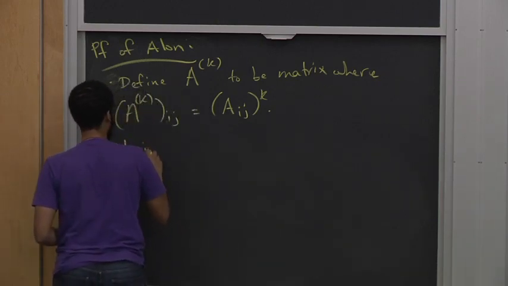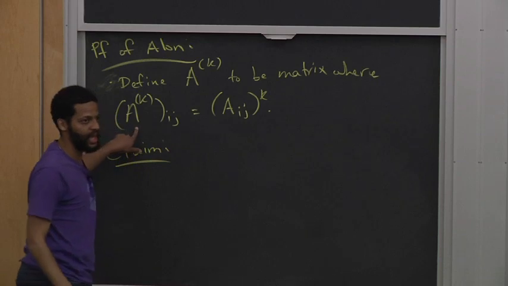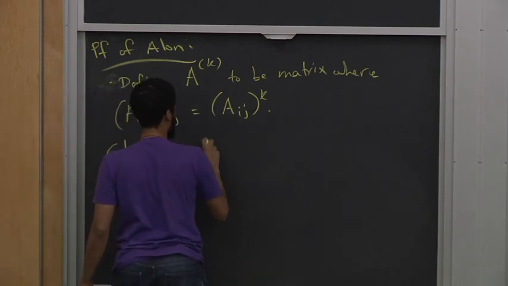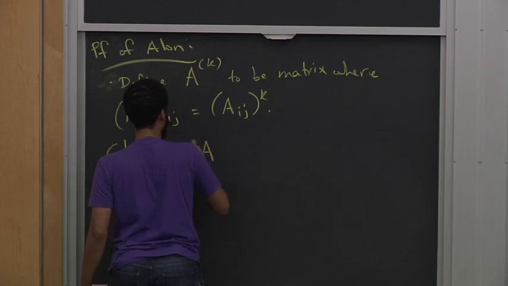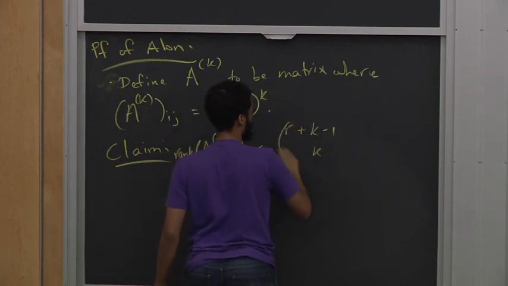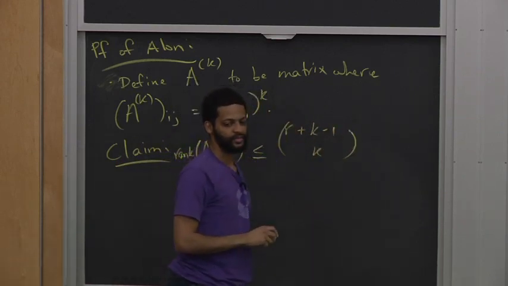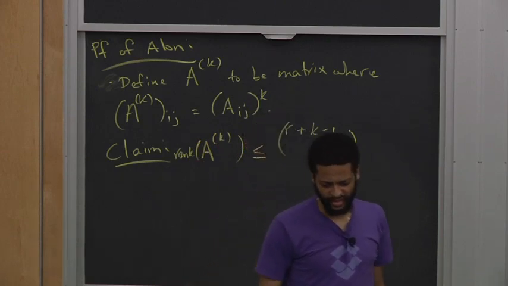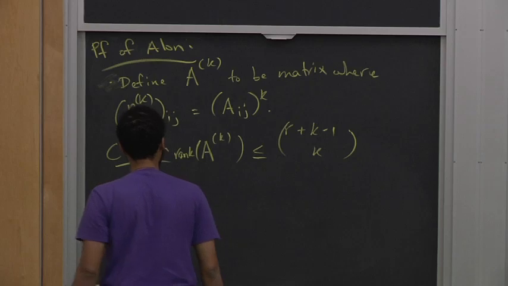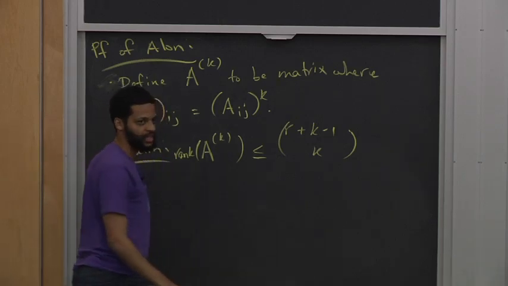Claim: if the original matrix A had rank r, then the rank of A_k is going to be at most r plus k minus 1, choose k. Maybe k minus 1. Yeah, choose k. Okay. So what are we going to do?